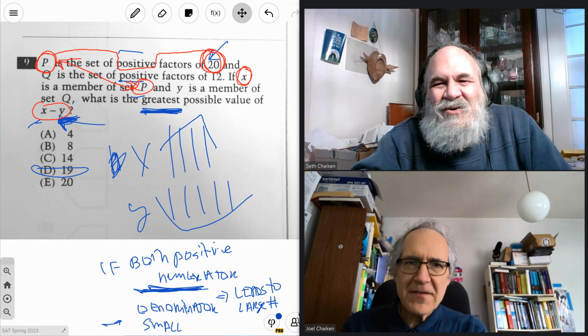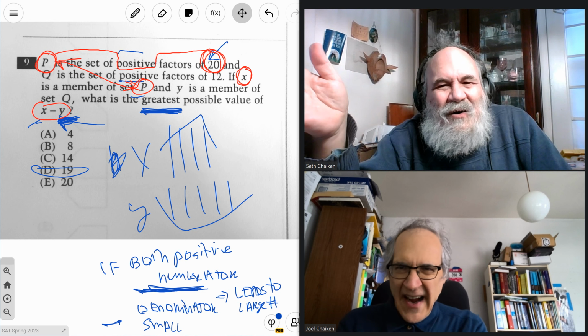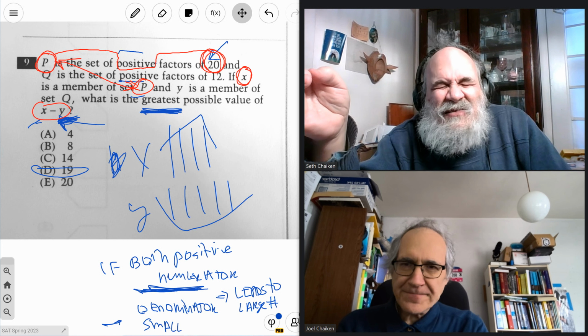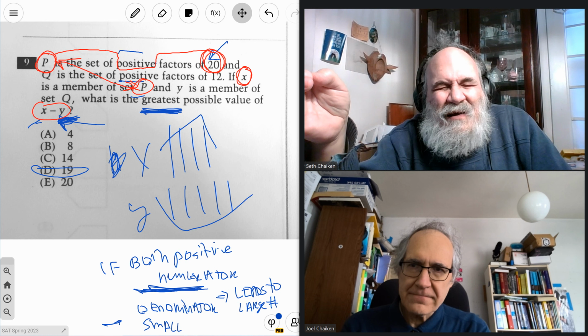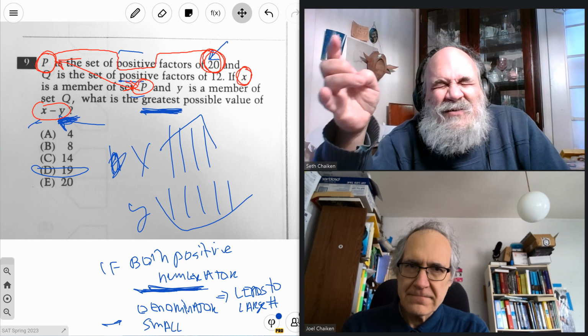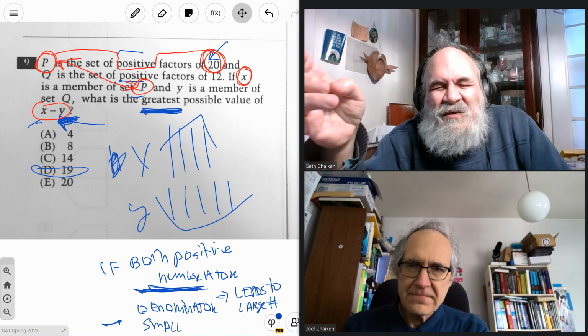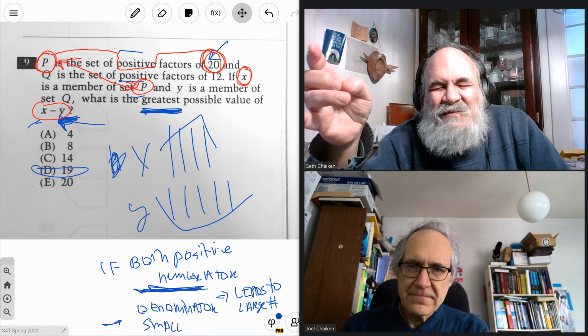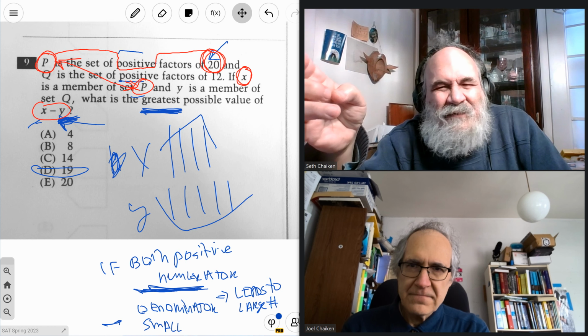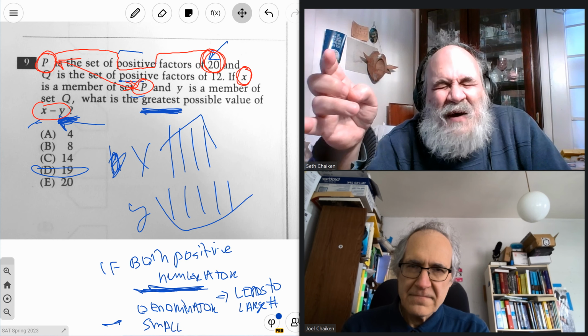You could say, if X is one of the positive factors of 20, and Y is one of the positive factors of 12, what is the greatest possible value of X minus Y?